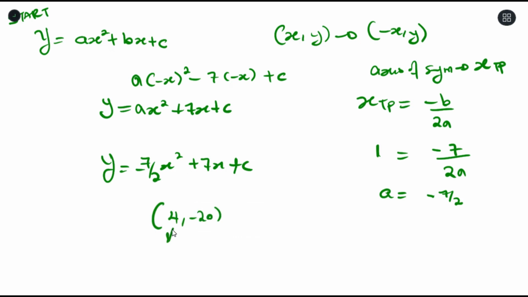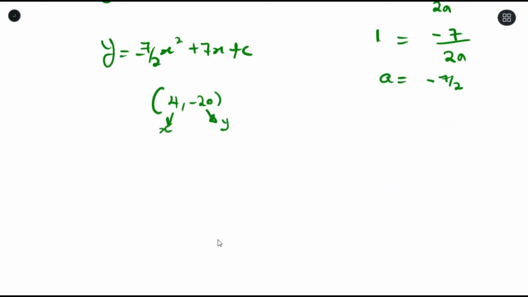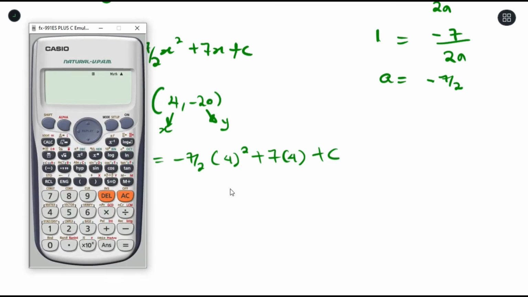So it means that x is 4, y is negative 20. Now we can substitute this coordinate into our updated equation. So this can be written as negative 20 is equals to negative 7 over 2, 4 squared plus 7 to the 4 plus c. So we can put all this in the calculator.